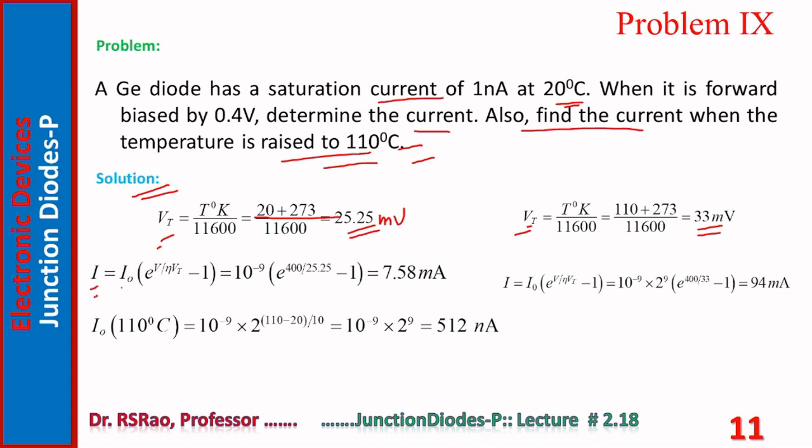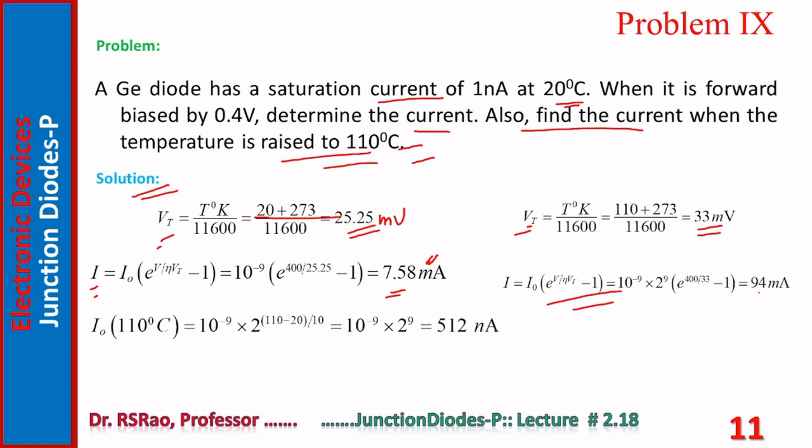I is always I naught times (e power V by eta Vt minus 1). So substituting the given values, one can find I as 7.58. Now, this is the current when temperature is 20 degrees centigrade. When temperature is 110 degree centigrade, this is the relation.